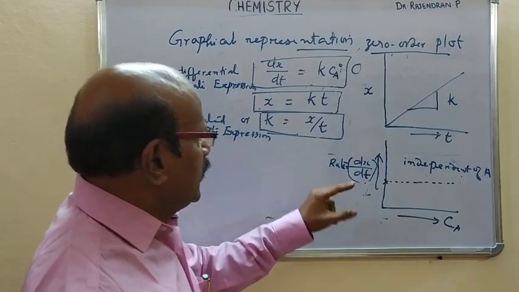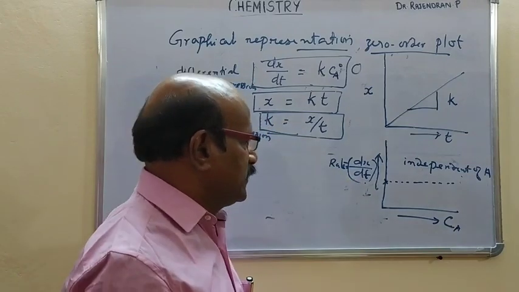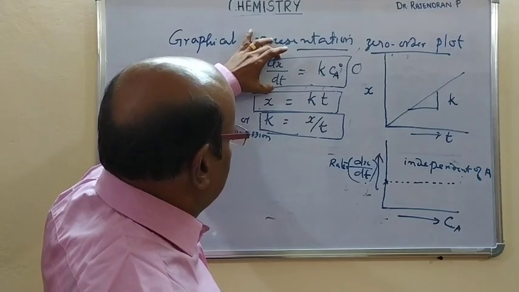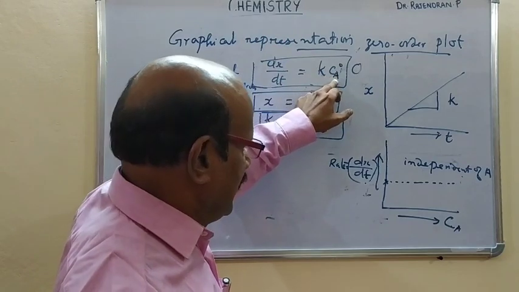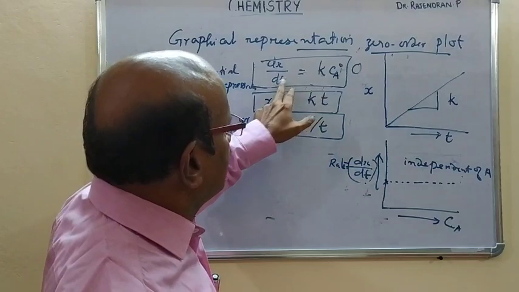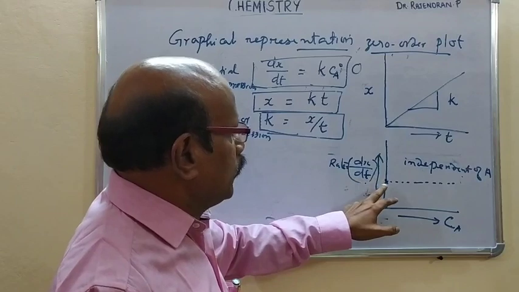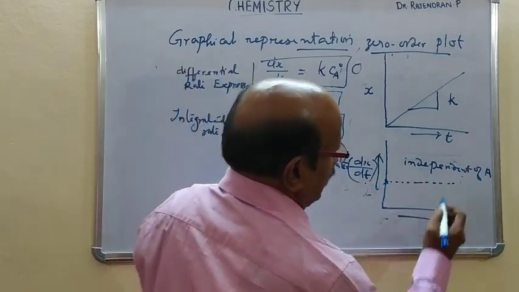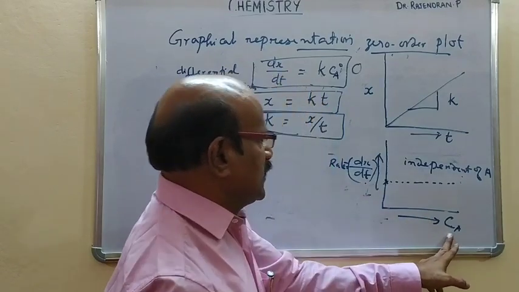If we use the differential rate expression for the graphical representation, we plot the rate, that is dx/dt, on the y-axis against the concentration Ca on the x-axis. The equation says that the rate is independent of the concentration of A. So on plotting the rate versus Ca, we have a straight line parallel to the concentration axis.